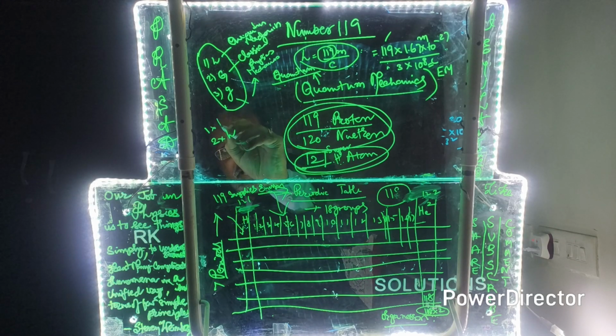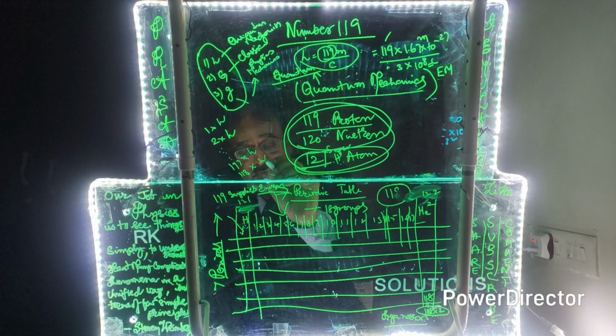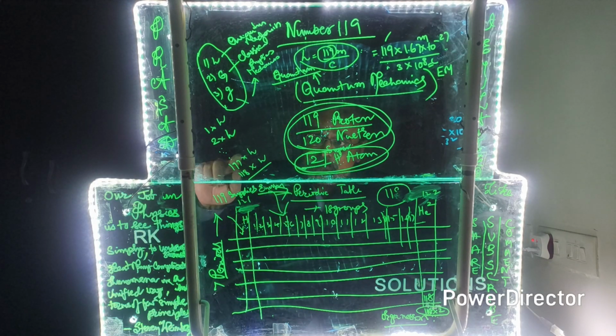This one will have one H, this will have two H, and it goes on like that, up to 118 into H. So each atom, as per its requirement, accepts one quantum. So this is basically the importance of 119.